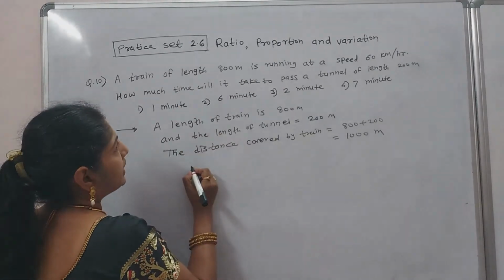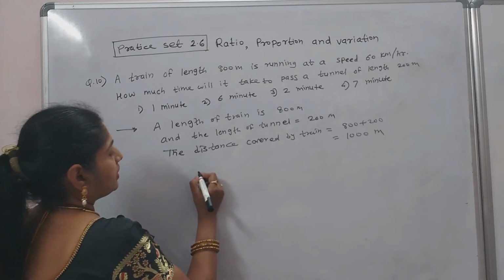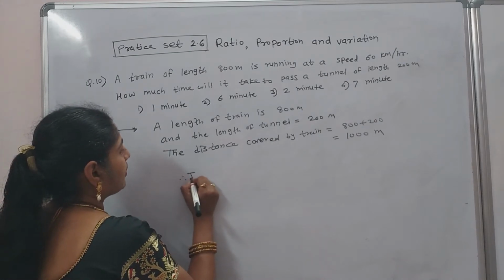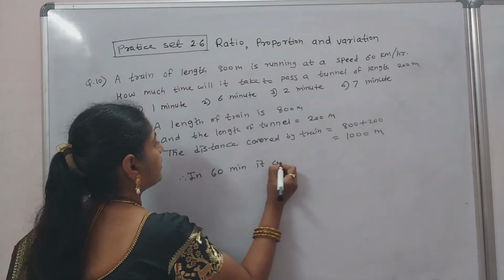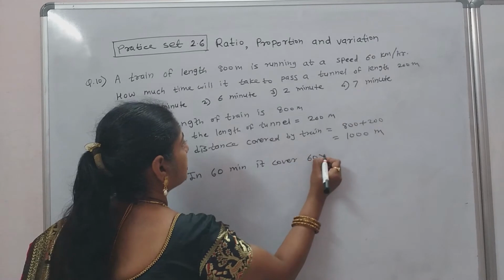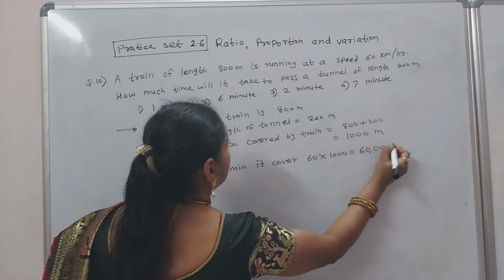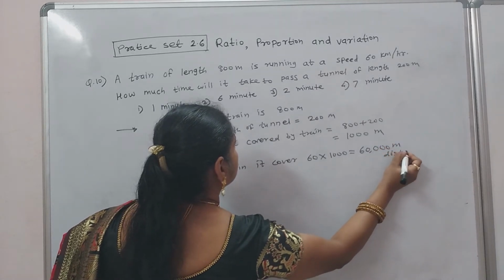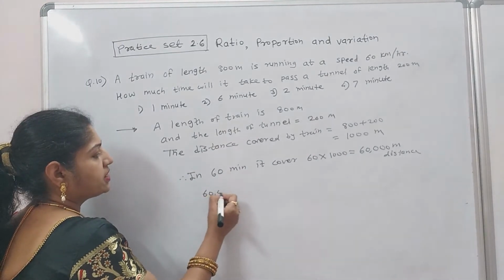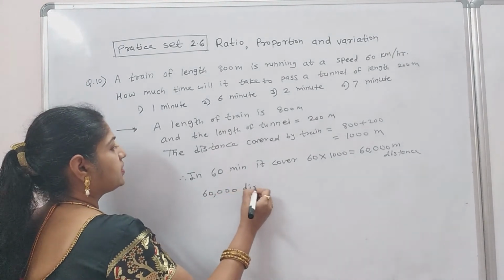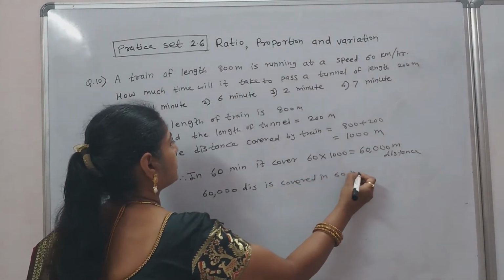And speed of the train is 60 kilometer in hour, that is in 60 minutes it covers 60 into 1000 meter, that is 60,000 meter distance. 60,000 meter distance is covered in 60 minutes.